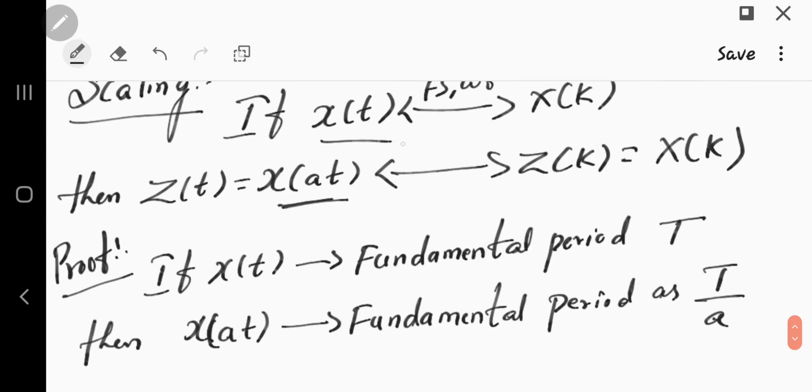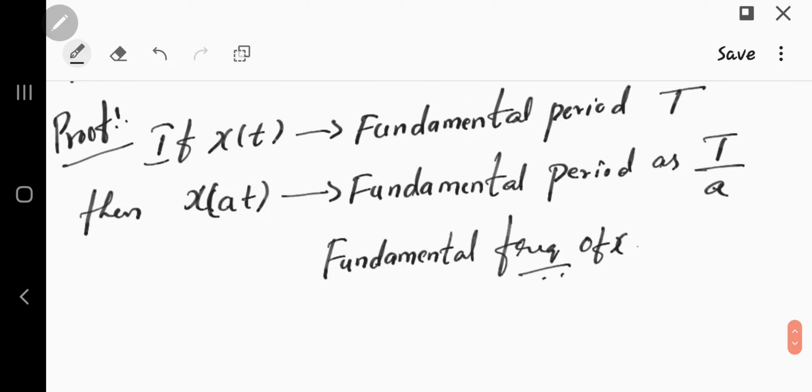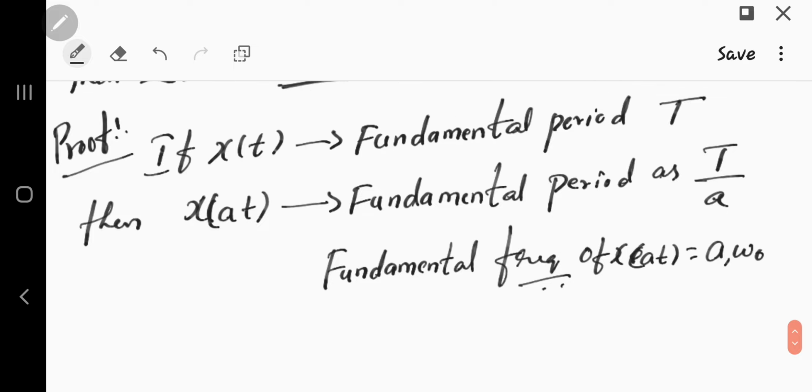Therefore, if fundamental period becomes t by a, then the angular frequency, that is the fundamental frequency of x of at, is a into omega naught.